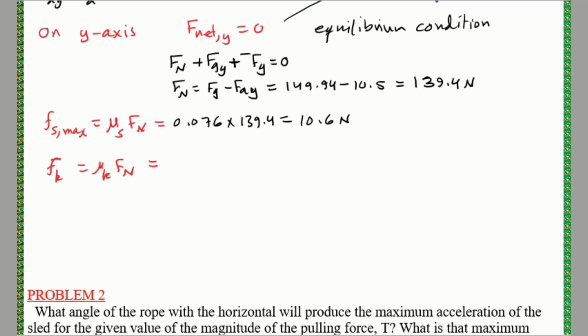And for the kinetic friction, it is 0.07 times 139.4, and the answer will be 9.758 newtons.